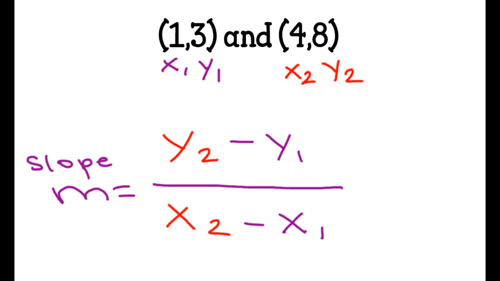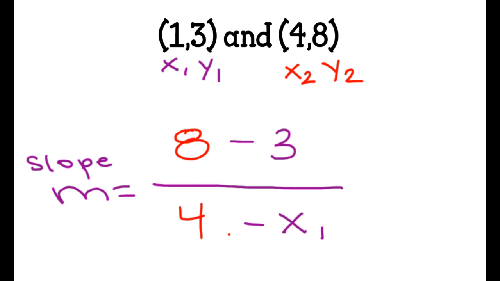So we are going to do it now. We're going to take our y2, and our y2 is 8. And we're going to take out our y1, which is 3. And then we're going to put our x2 in, which is 4.